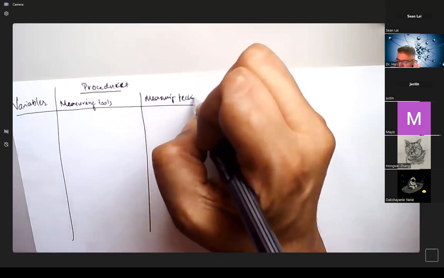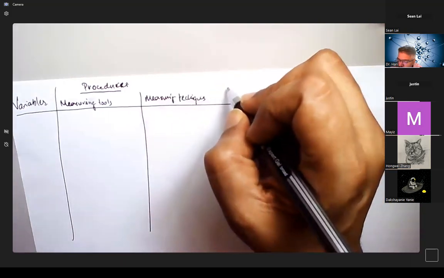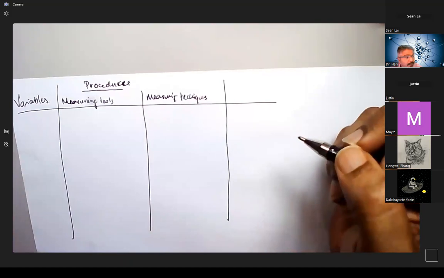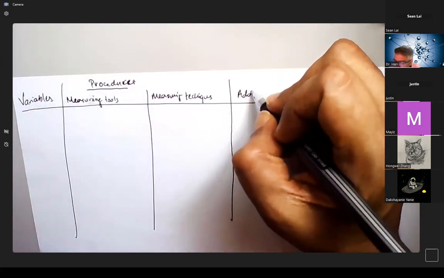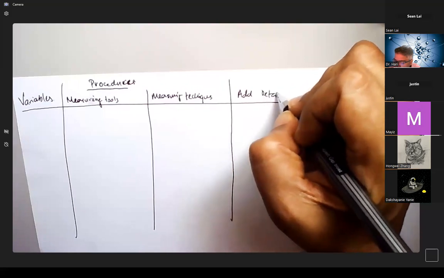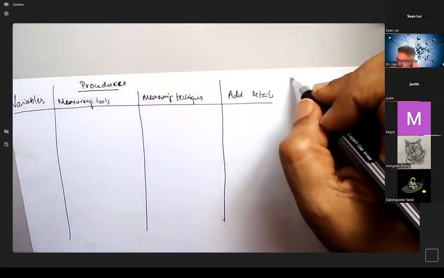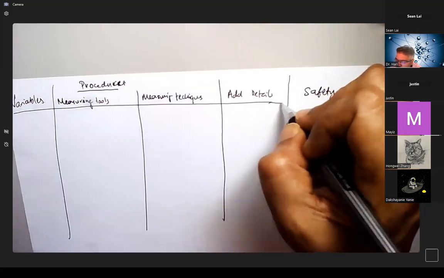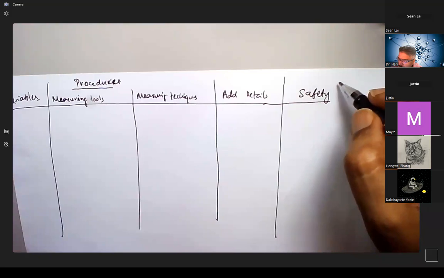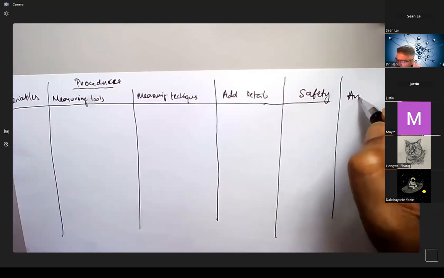Right? And then we have the additional detail. There you go. Then we have safety. And the last one is analysis.